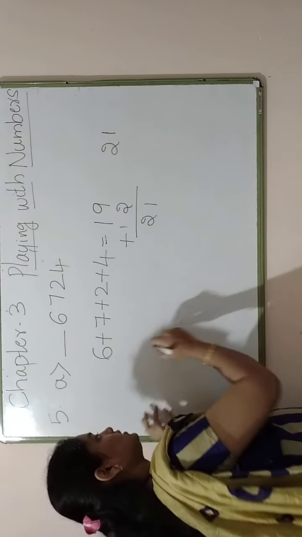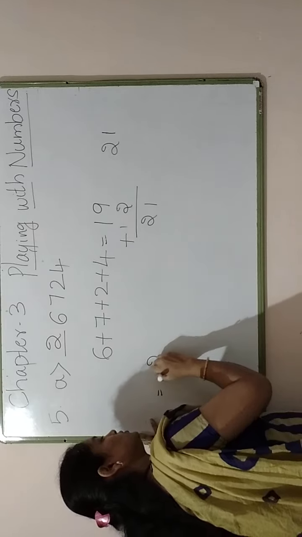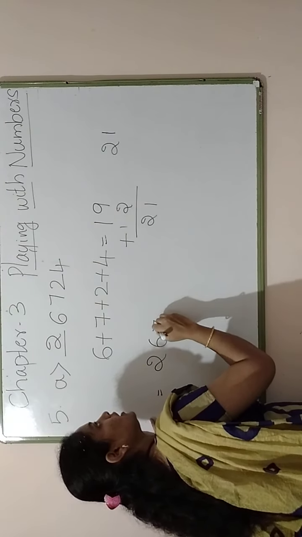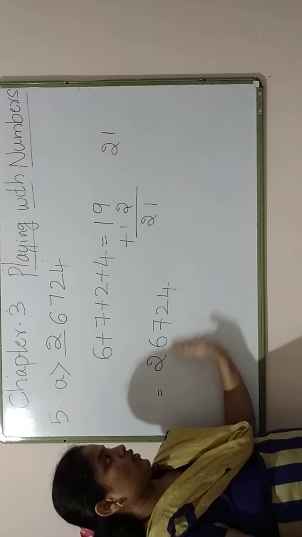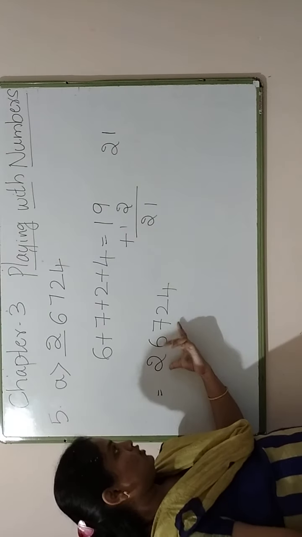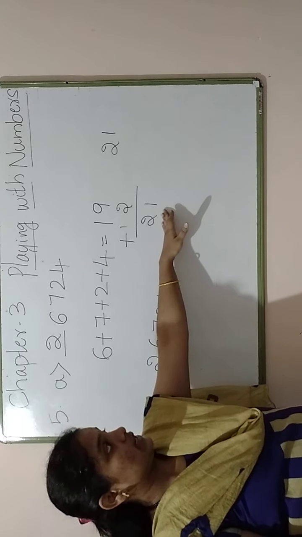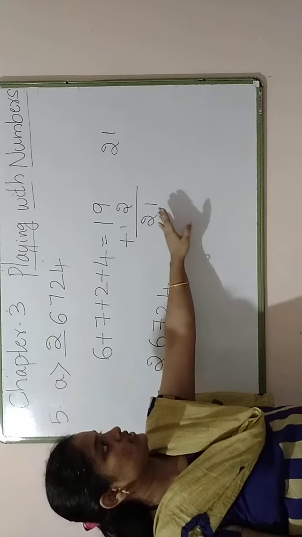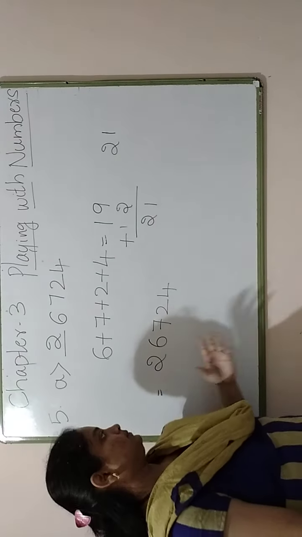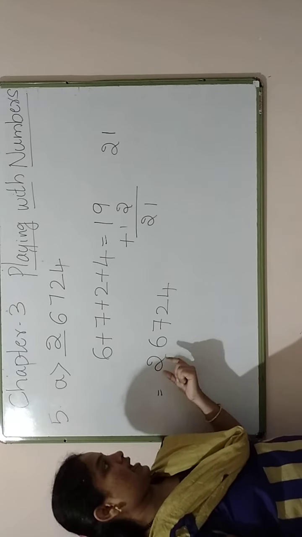So when I write 2 here, the number is 2, 6, 7, 2, 4. If we add all the numbers, we get the sum as 21, and 21 is divisible by 3 because it is a multiple of 3. So 2 is the smallest number we added here.